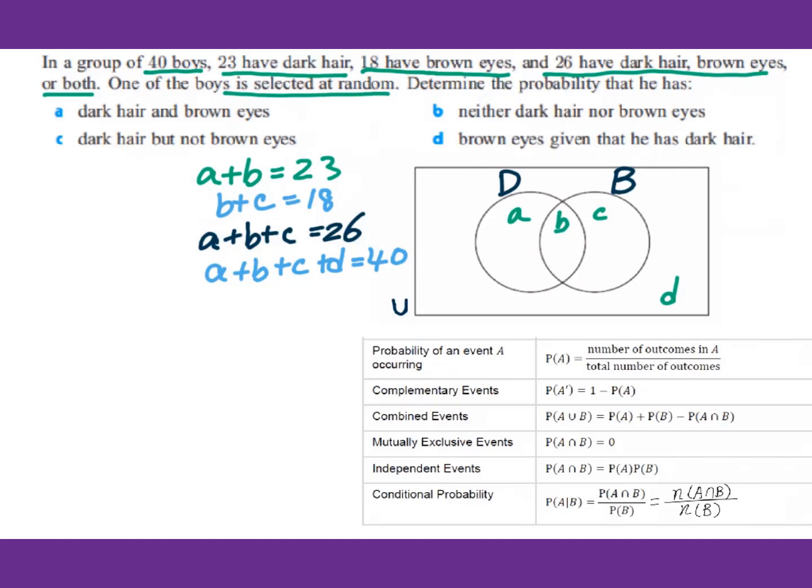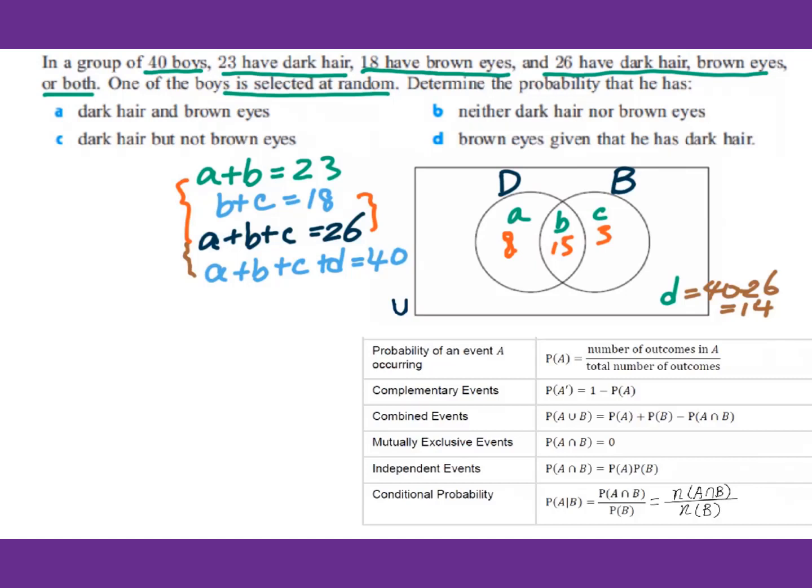So we solve for A, B, C, D. First of all, D equals 40 minus 26 equals 14. Then C equals 26 minus 23, which is 3. And A equals 8. Then B equals 23 minus 8, that's 15.